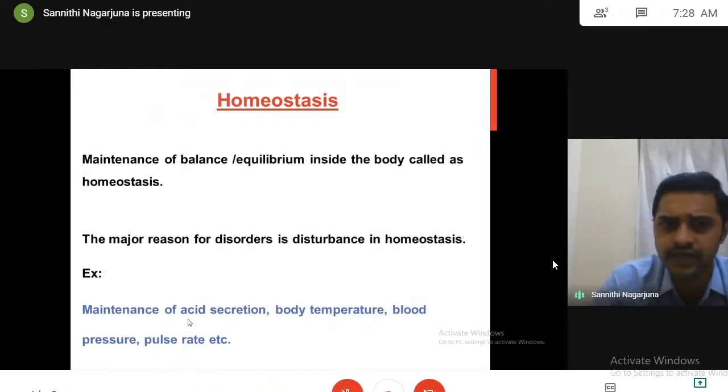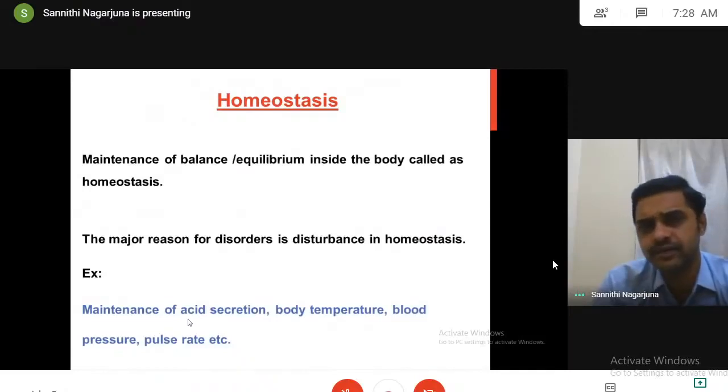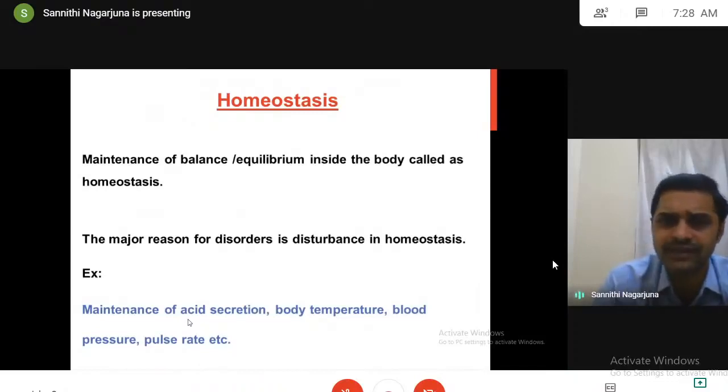For example, insulin decreases blood glucose levels. Glucagon increases blood glucose levels. Both insulin and glucagon should be in balance. That is homeostasis, so the person can maintain normal blood glucose levels. Whenever homeostasis is disturbed, for example insulin deficiency, that leads to diabetes.